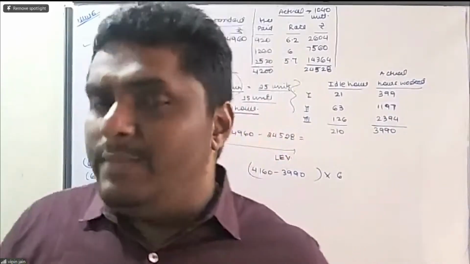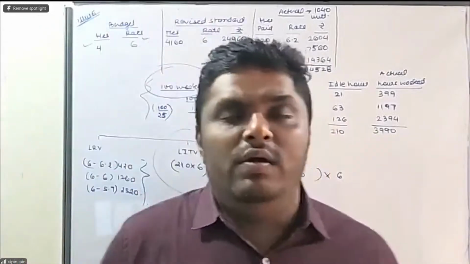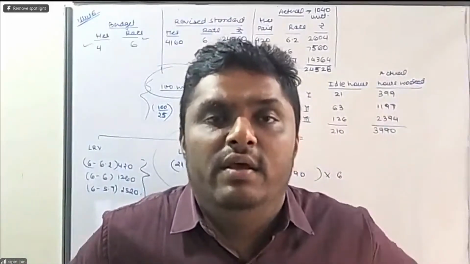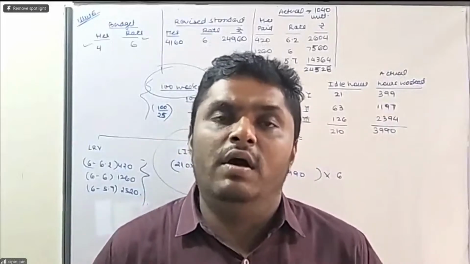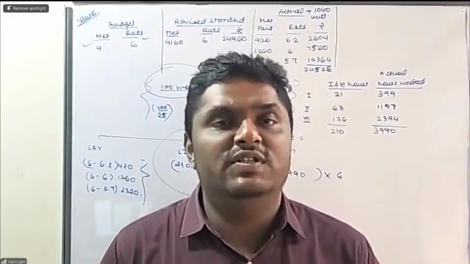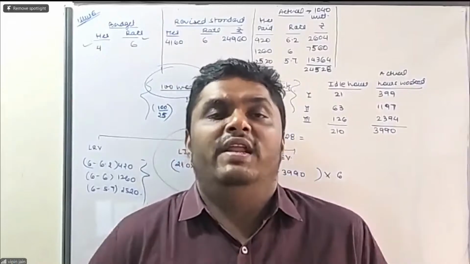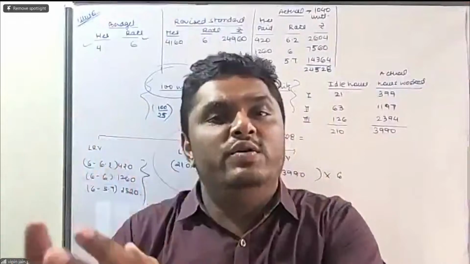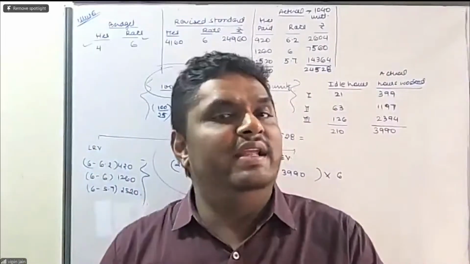So guys, let's sum up what we have discussed till now. We have started with the standard costing or variance analysis. We started first with material variances, wherein we discussed material cost, material price, material usage, material mix, and yield.